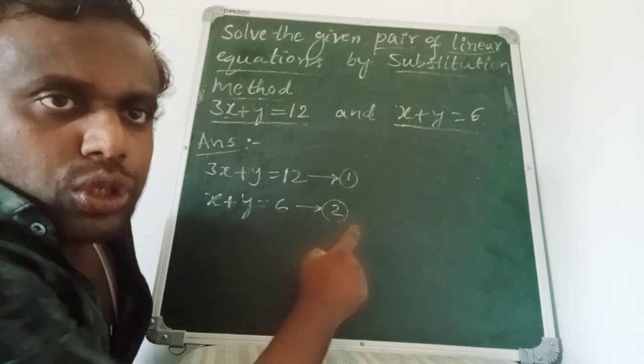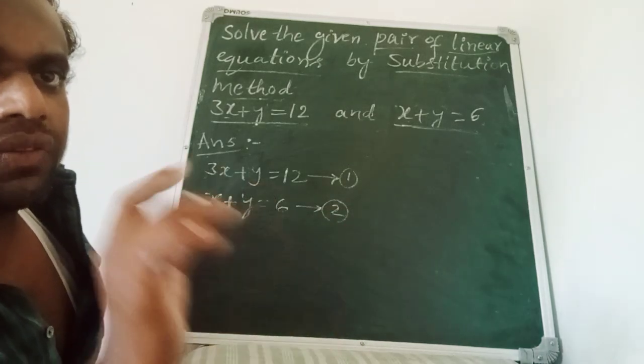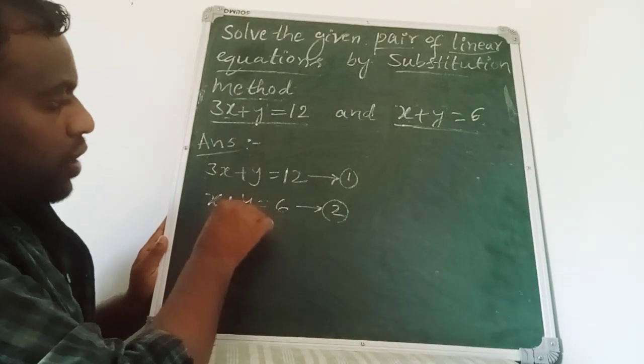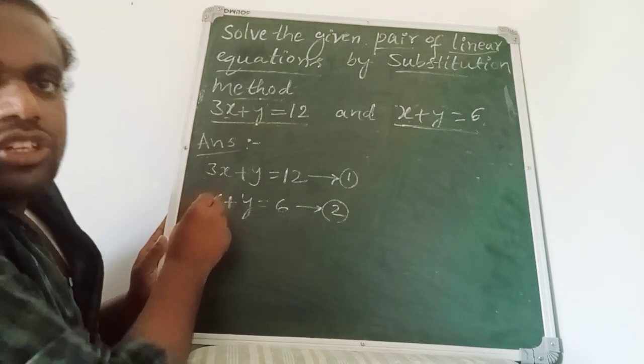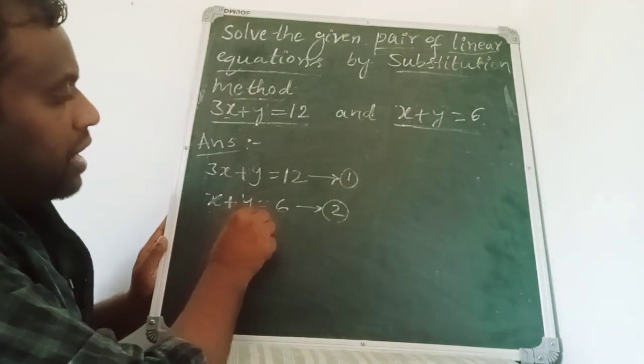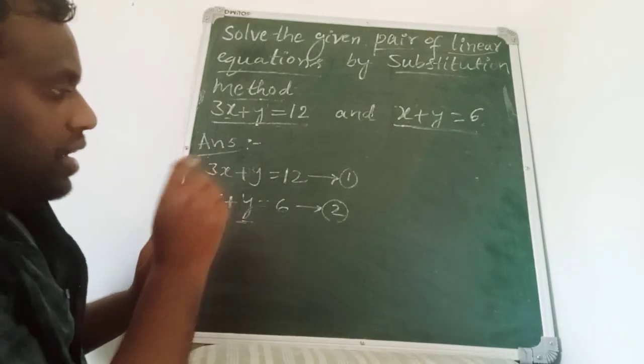If you take this equation 2, it will be somewhat easy to find the expression for one variable. That means either you find the expression for y, or you can take x also. Any one you can take. I will consider y. I will find expression for this y.